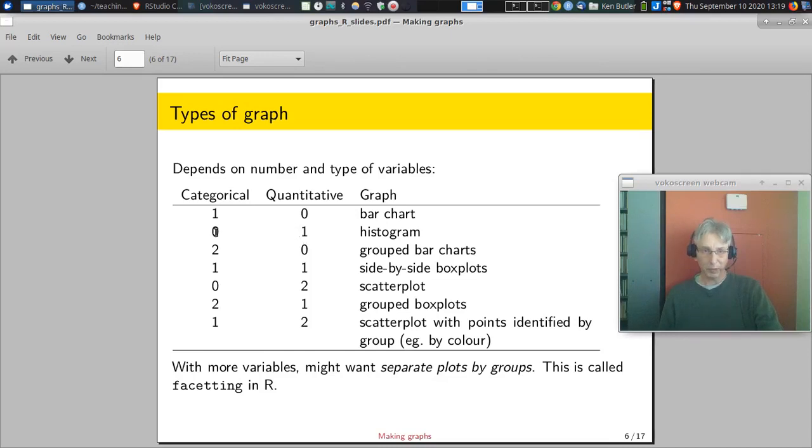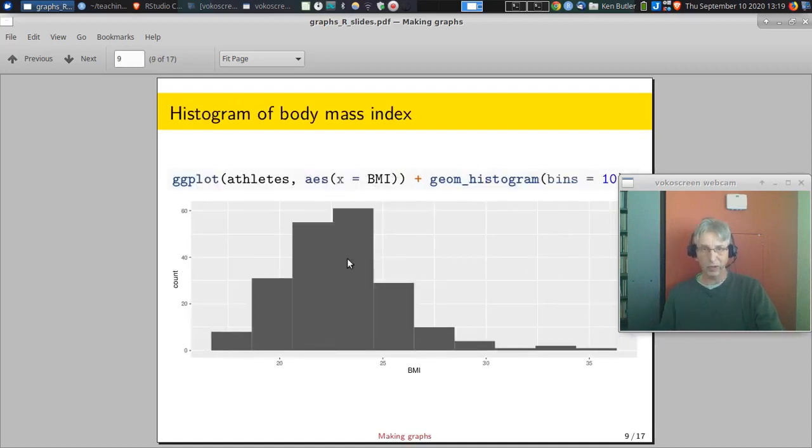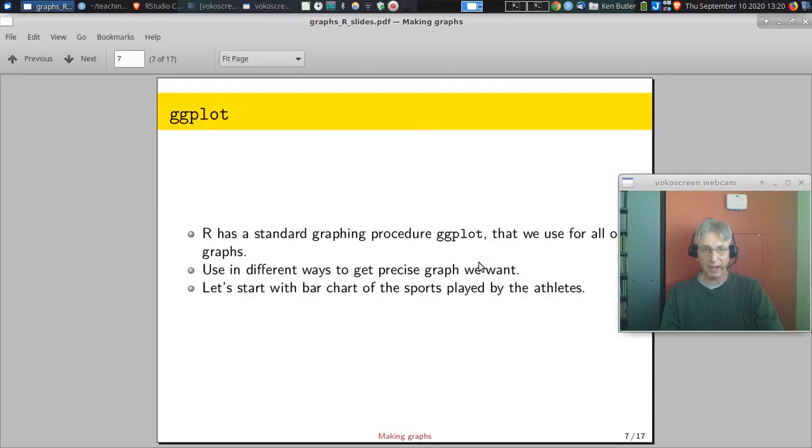So for example, the second line: if I have one quantitative variable and no categorical variables, this suggests I should draw a histogram. I can just sneak ahead, there's a histogram. The quantitative variable I had was body mass index, which is a number, so that works very well, and this did produce a histogram. So that's jumping ahead of the game a bit.